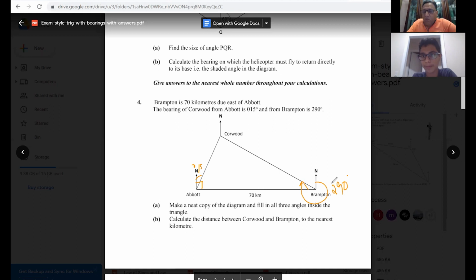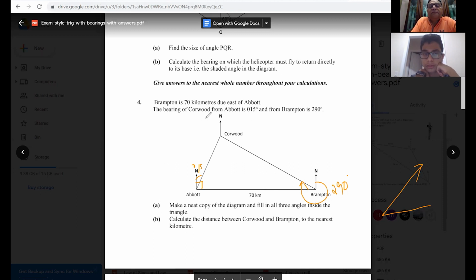One thing is, the way the diagram is made, it gives you a 3D effect. But it's not a 3D diagram. Strictly speaking, the north is like this, right? So north is inside the plane.